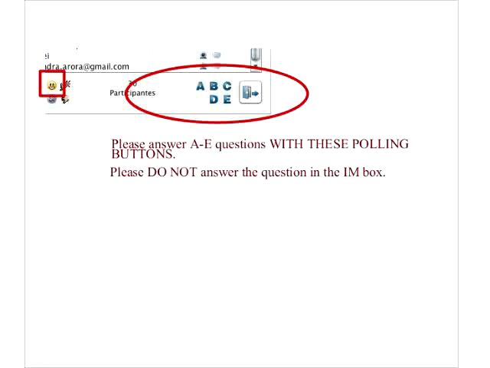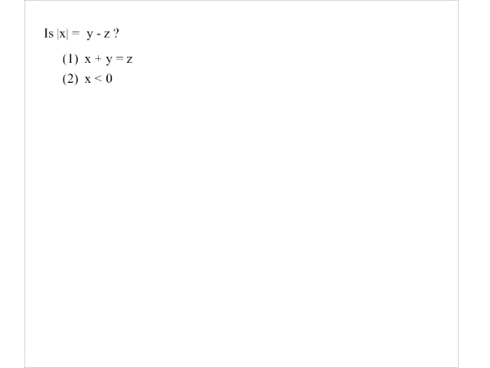Okay, so we'll provide you with stopwatches and all that other kind of stuff while you work the problems. So here's the first one. We'll give you a stopwatch. You get a little bit longer for this one, maybe 2.5 if you need it. You may or may not. Go for it.